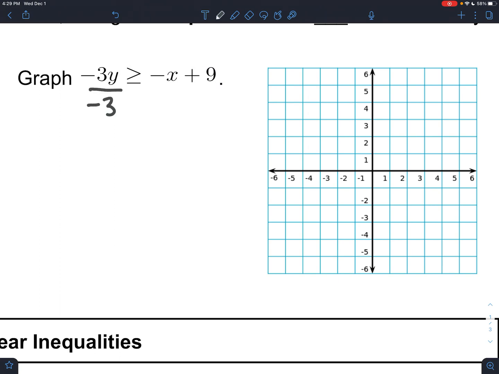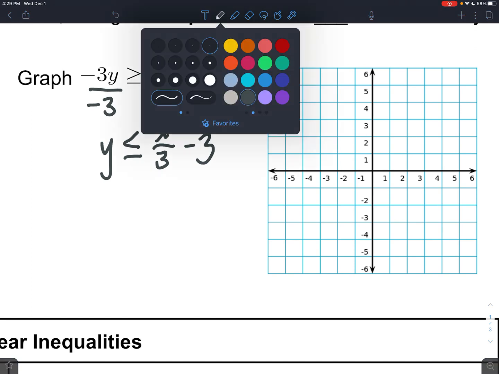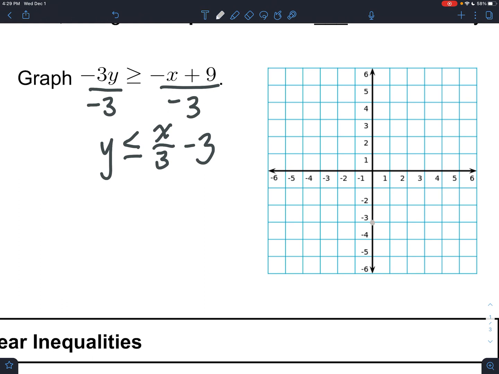Let's hop to this one real quick. Remember, we want to isolate y. So we have to divide, in this case, by a negative, so I flip that sign. And remember, I take the -3 and I divide each of the things by -3. Let's do the light gray thing again.